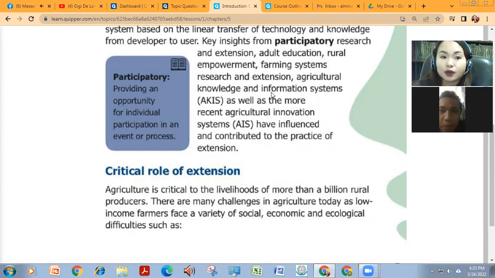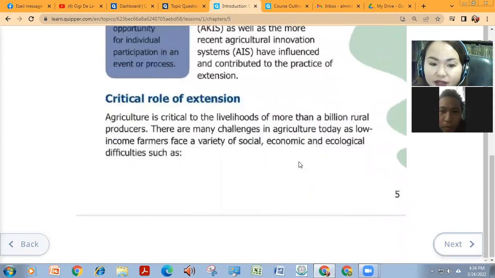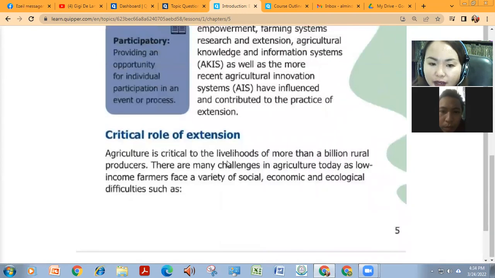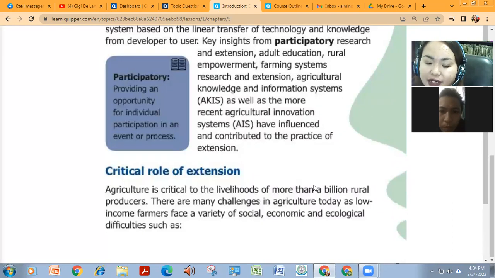Diba? So ang ginabisita sila sa mga researchers, and then ang farmers ang ginapakandak. So something like that. So very critical ang role sa extension because it will impact the livelihoods, no, not only of few farmers but more than billion actually na mga rural producers.